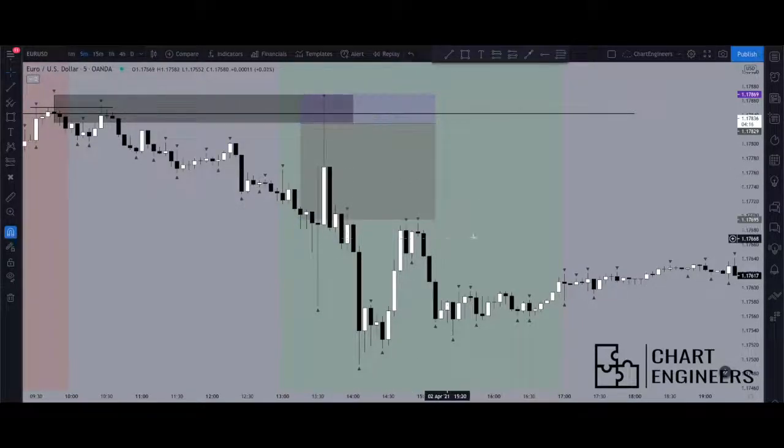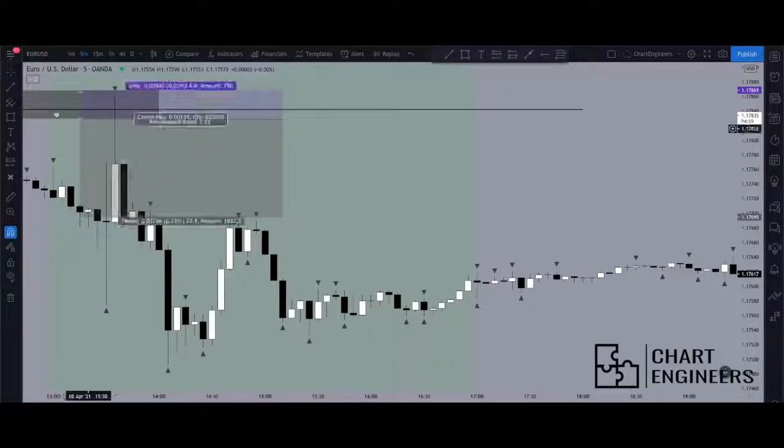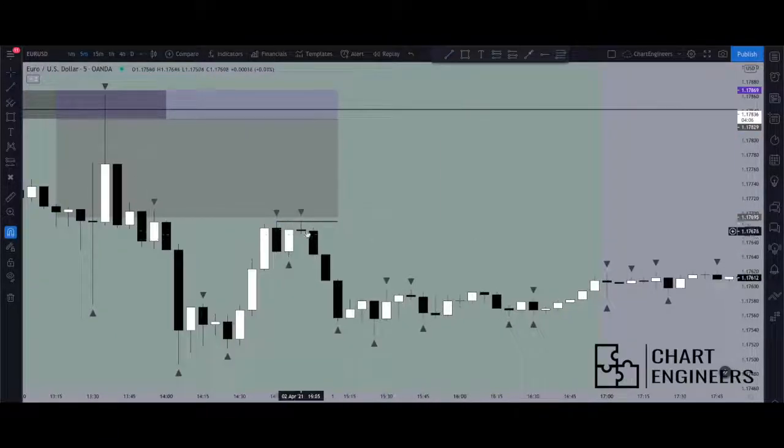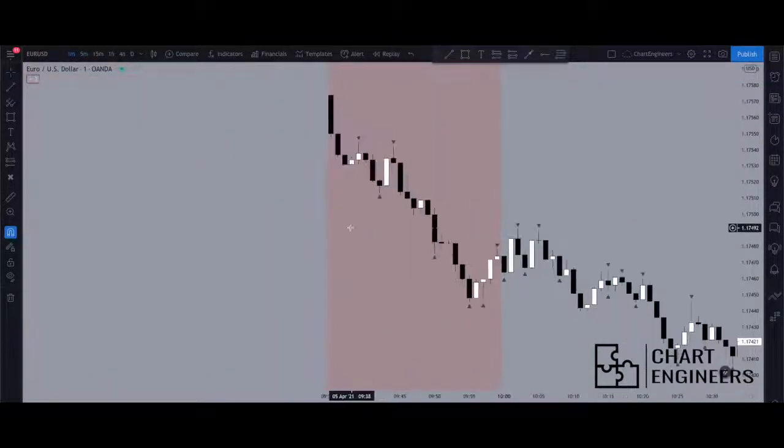So no raid over here, no raid over here, and get a small raid over here. Just mark it out, and we'll just see if we actually got an entry.